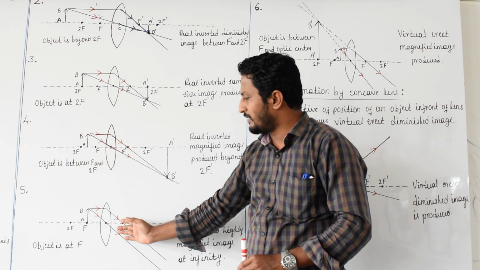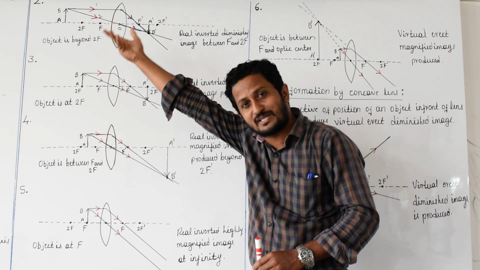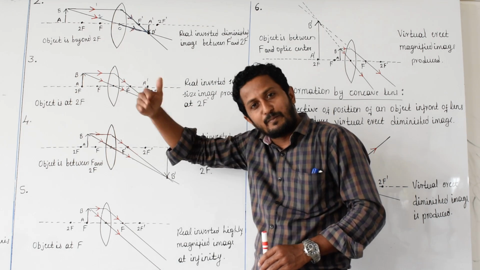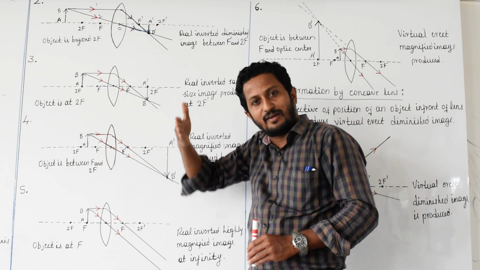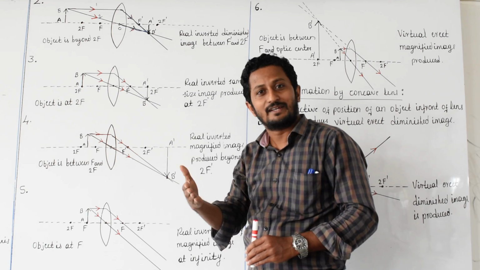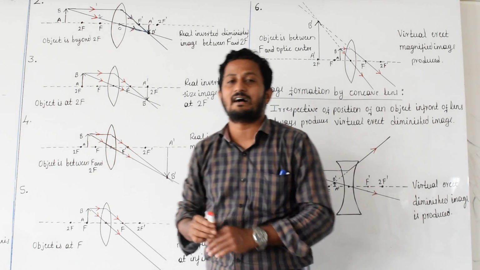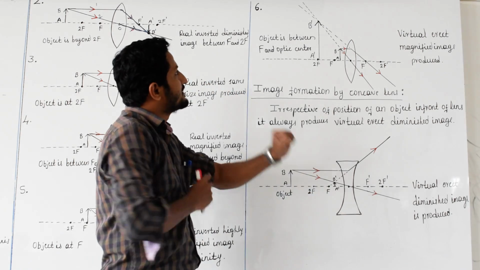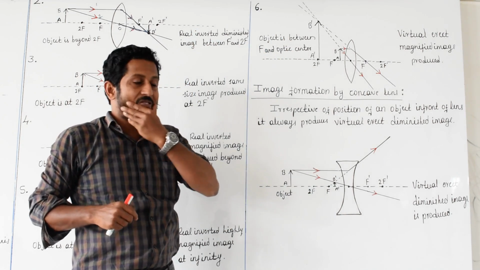In front of that biconvex lens we kept the object, and we imagined first at infinity, beyond 2F, at 2F, in front of 2F, and at F. Now in front of F, finally we get the last image formation. See now, the sixth one.